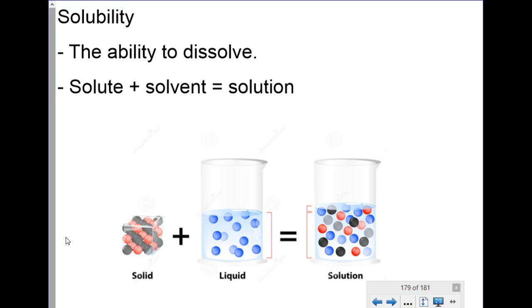There are at least two things that go in to make a solution. One is the solute, and one is the solvent. If I have something like a sugar cube here and a glass of water here, which one is the solute and which one is the solvent? James? Okay, so the solvent is the dissolver.